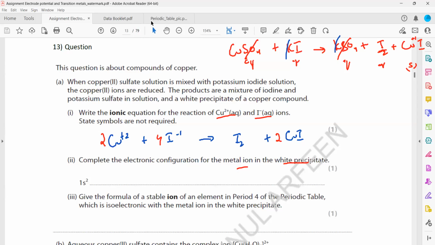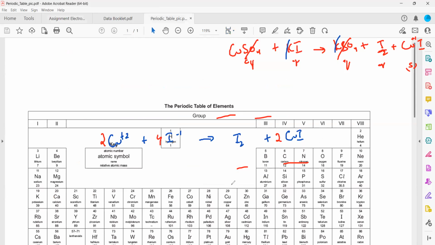When we check the periodic table, copper is a transition element with atomic number 29. But if copper is plus 2, it loses 2 electrons, so it will be 27. But copper plus 1 loses 1 electron, so it will be 28.